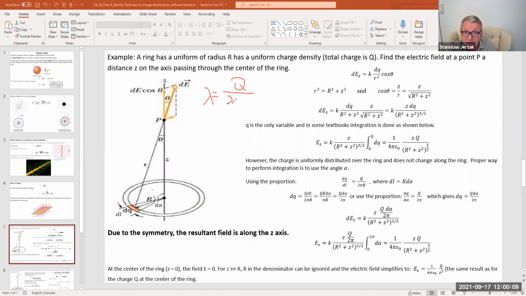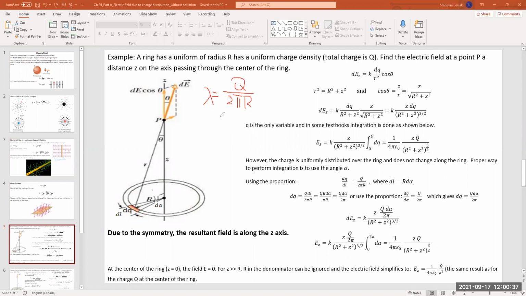It is 2 pi R. So using the total charge divided by the total length gives me the linear charge density lambda. And that lambda would be correct here because the ring is extremely thin.